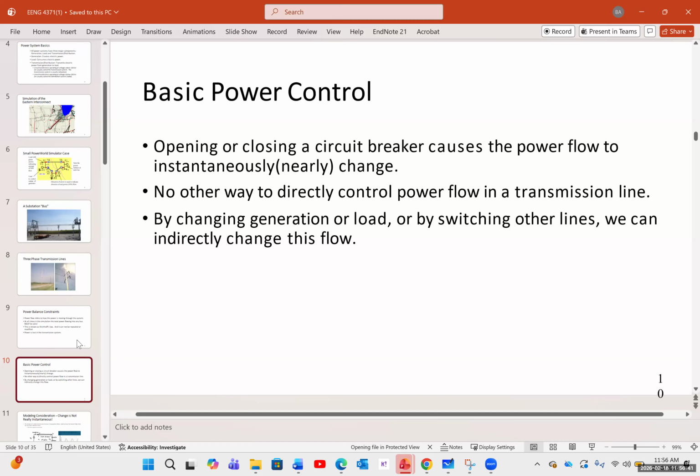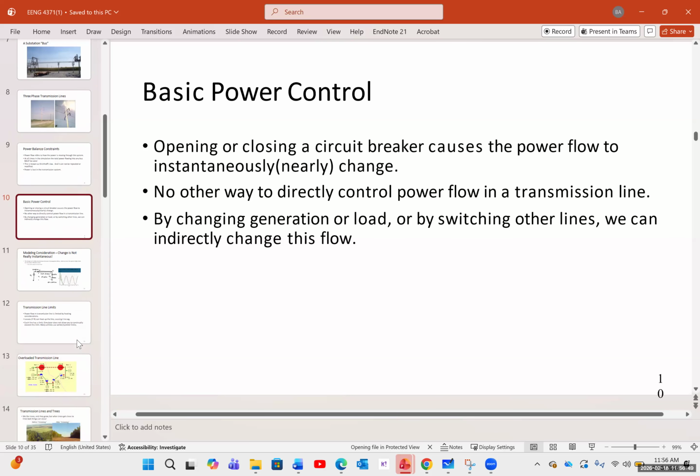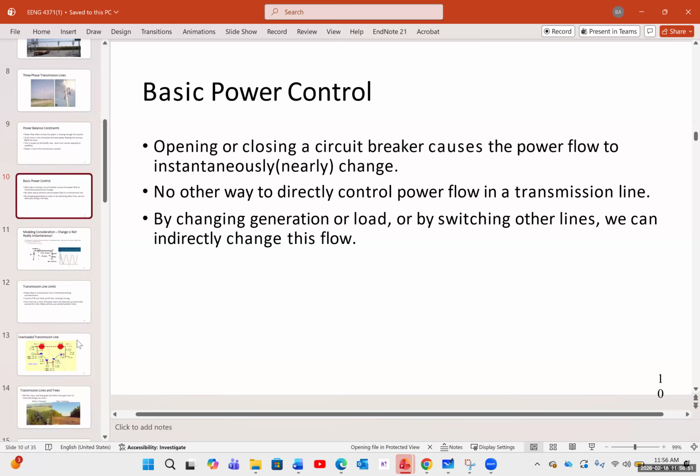By changing generation or load, or by switching other lines, we can indirectly change this flow. So if we have an overload in a system, the system nowadays does it automatically in a fraction of a second. But I mean, we have to be able to shut down a generator or direct power to another load.